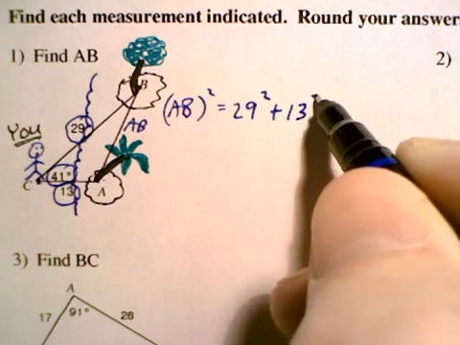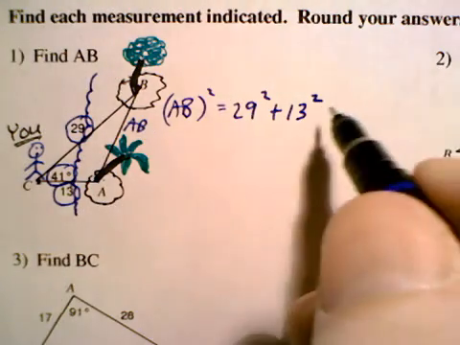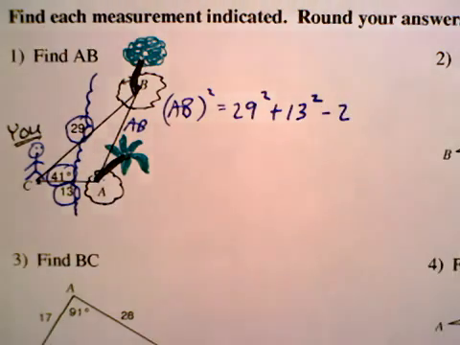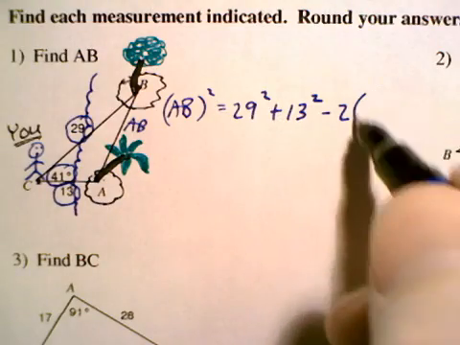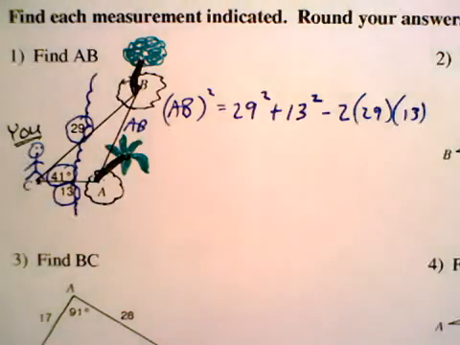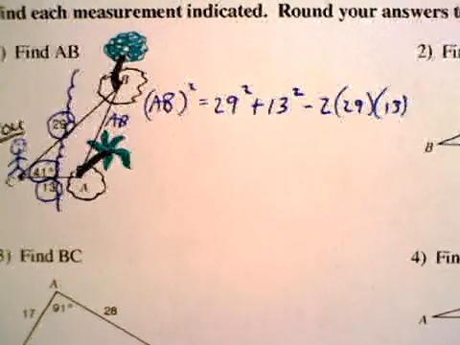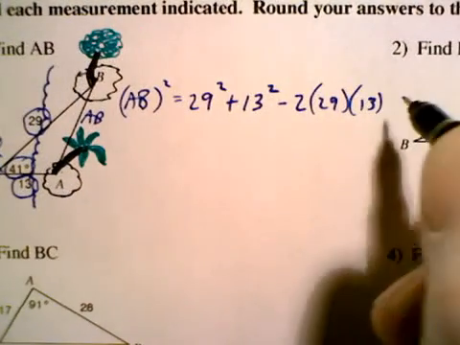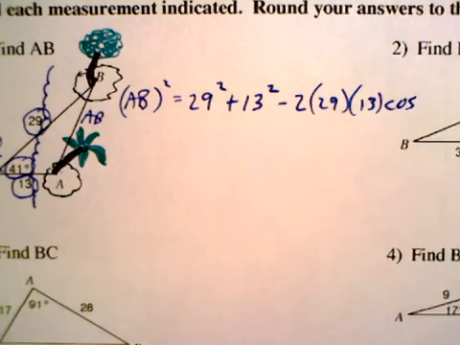So 29 squared plus 13 squared minus 2 times the product of those two sides, 29 times 13. You should understand that you're using the law of cosines, and that's where the cosine comes in right there.